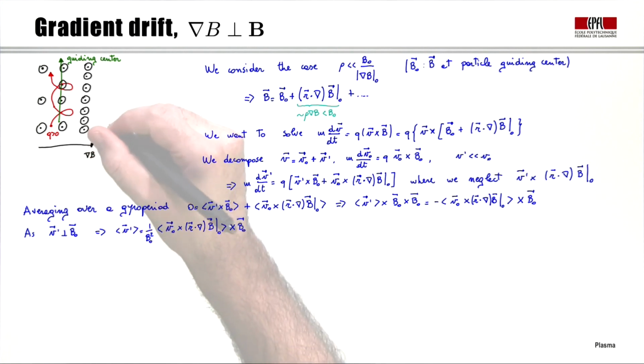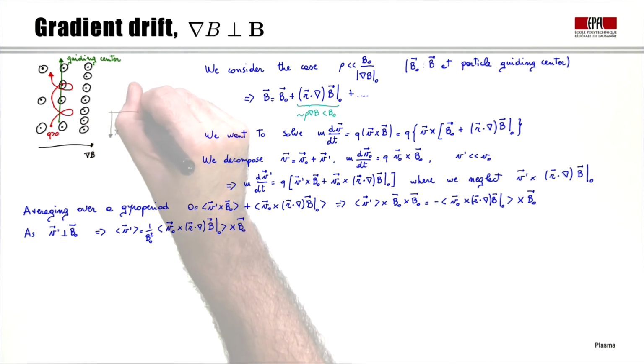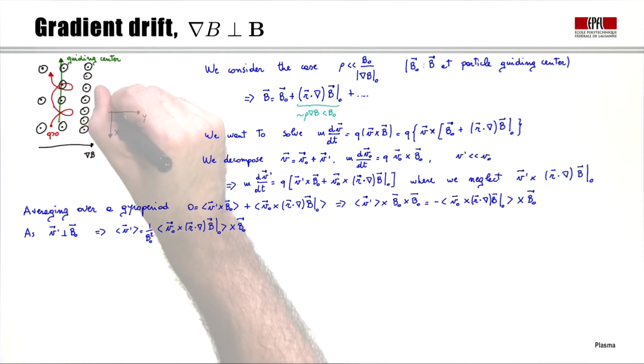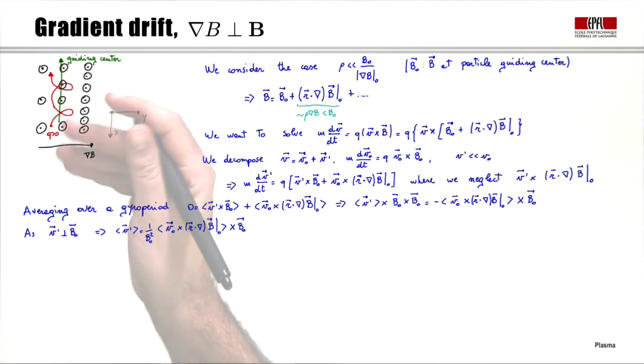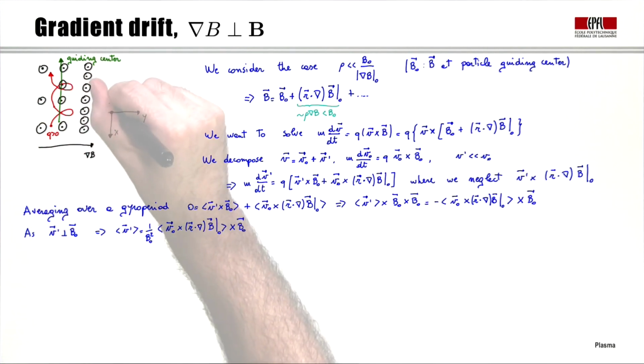Now, to make things a bit easier, let's fix some axes. We will put a system of coordinates with the x direction pointing downwards, the y direction here, and the z direction pointing in the direction of the B field, outwards from this plane.